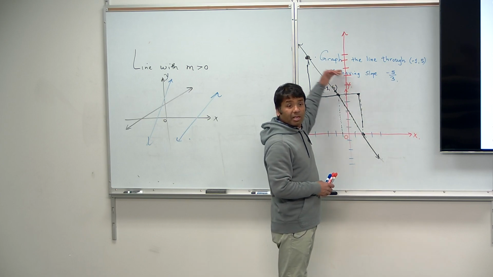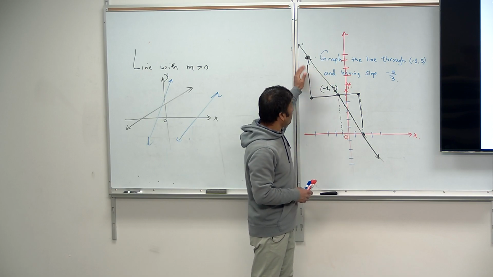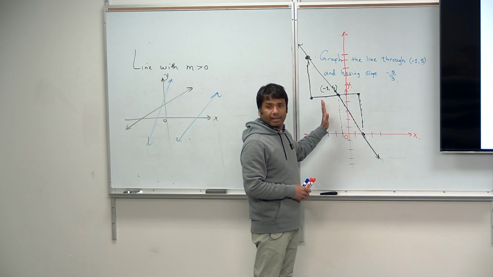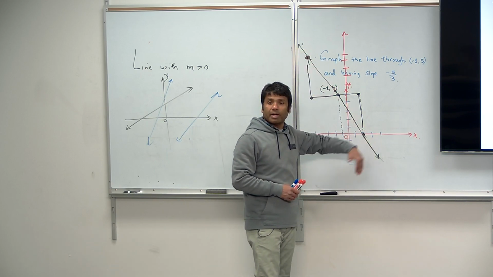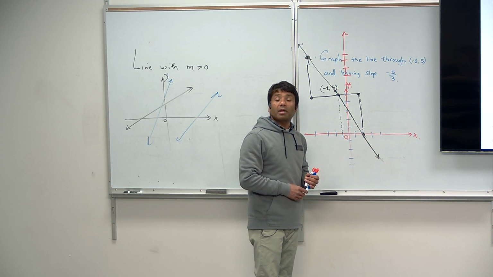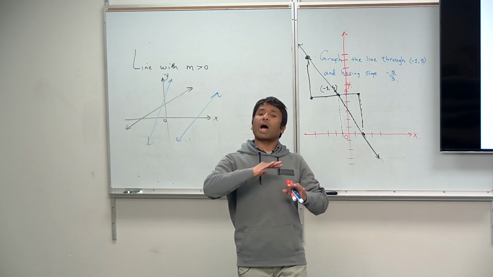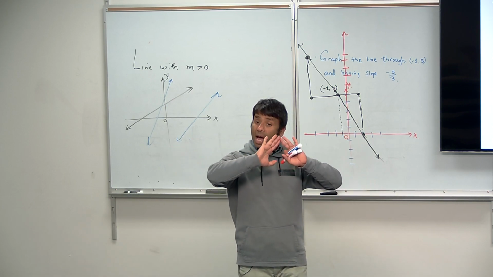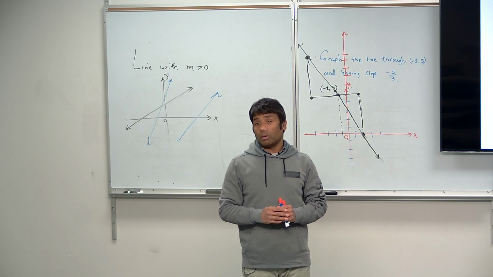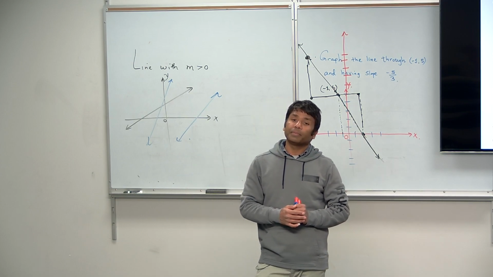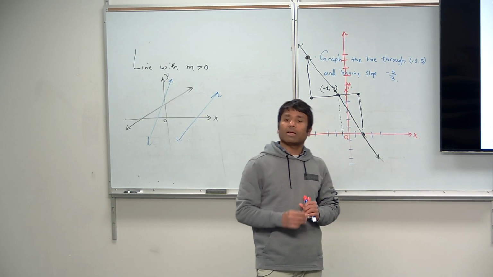Negative slope. You see, it falls from left to right. See that? It falls from left to right. And the line will decrease throughout the domain. On the entire domain, the line will be decreasing if it has a negative slope.